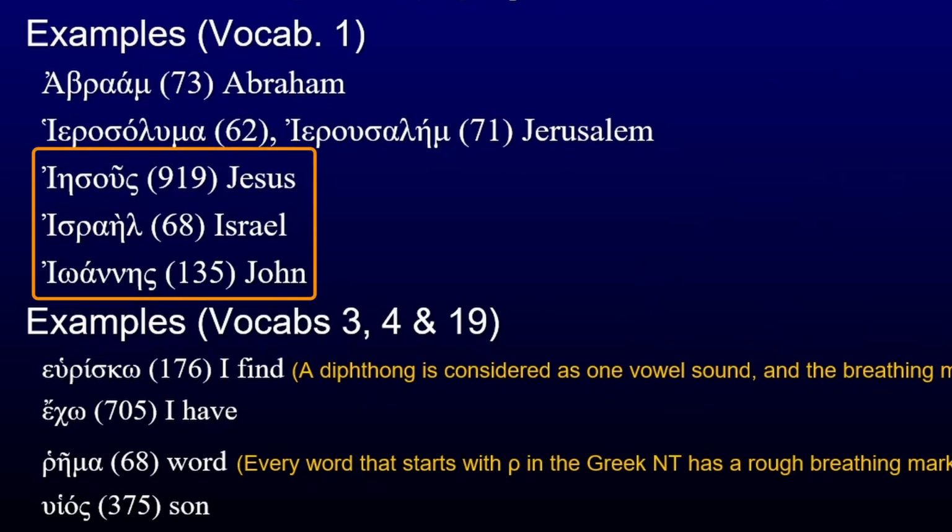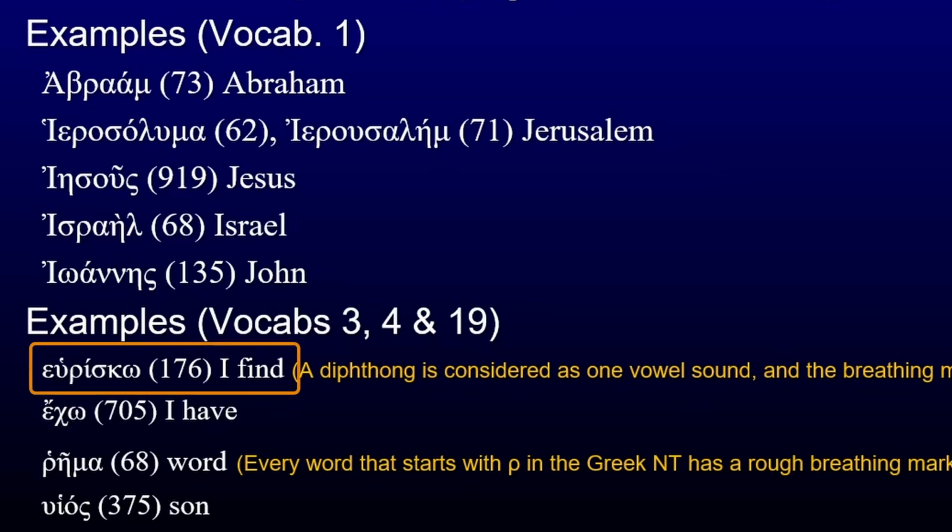We have Jesus, we have Israel, we have Ioannis. And for examples of some rough breathing marks, we have Hurisco, and here we have epsilon upsilon, which is a diphthong. So the breathing mark goes on the second vowel.